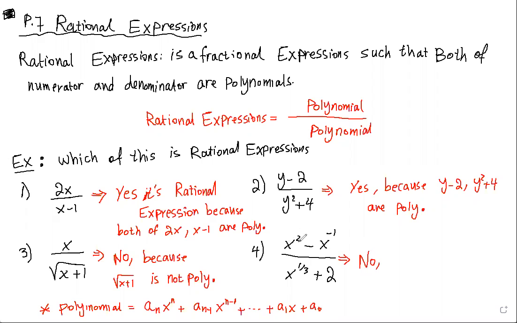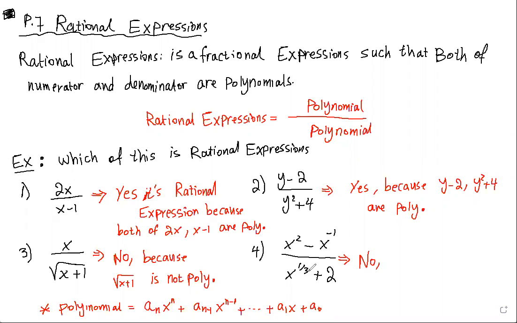You ask yourself, is the numerator a polynomial here? No, because of the negative 1 power. Exactly, the exponent here is minus 1, and minus 1 is not a natural number, so this expression is not a polynomial.